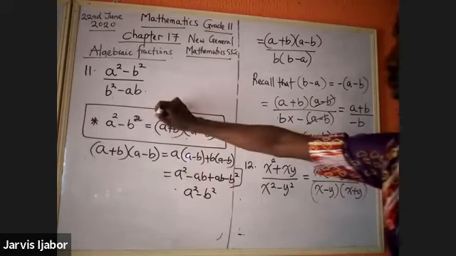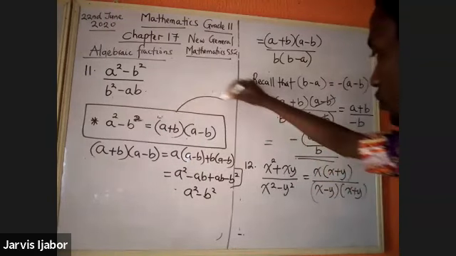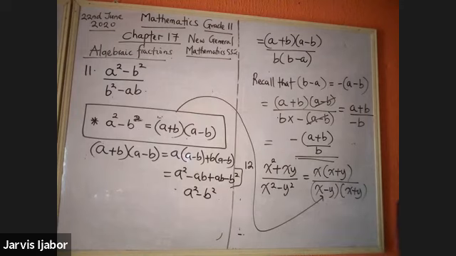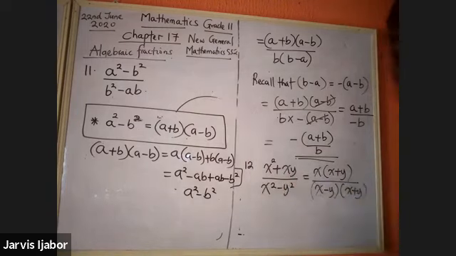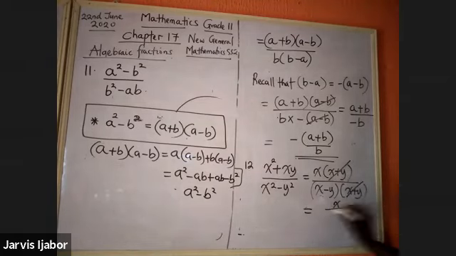Remember, from this point, maybe I'll just take a marker to show you what has happened, so you don't forget, just to help you relate with what we've just done. And at this point, you discover that this can cancel this. And this will be x over x minus y as your final answer.